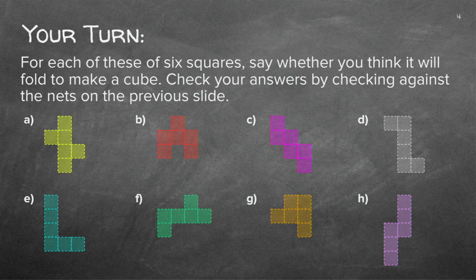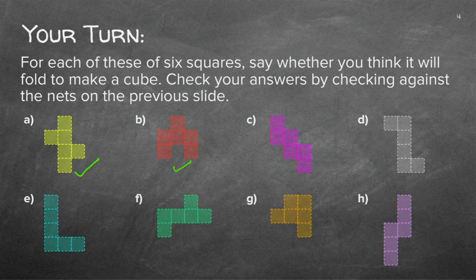Right, if you tried this, let's see. A, yes or no? Yes. B, would you be able to fold a cube with this? No. C, how are you doing so far? I hope well. C, do you think you'll be able to fold a cube with that net?